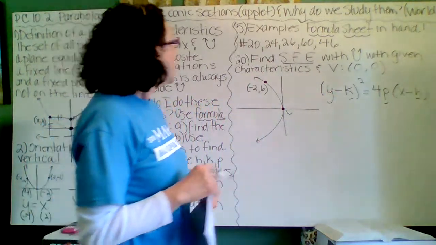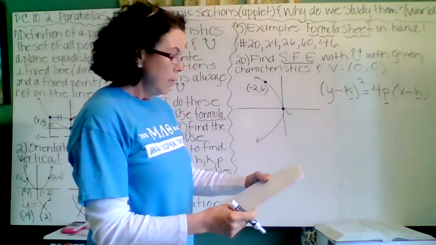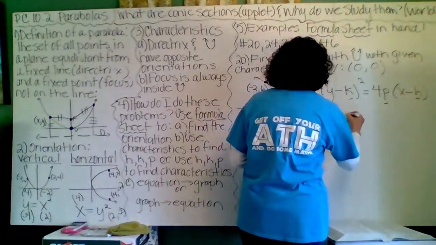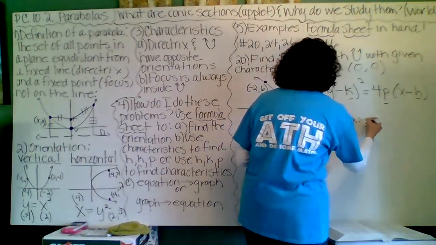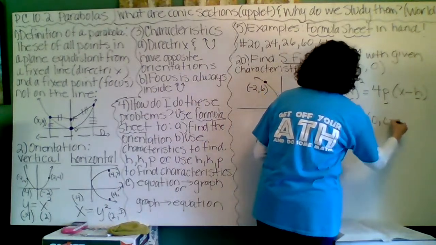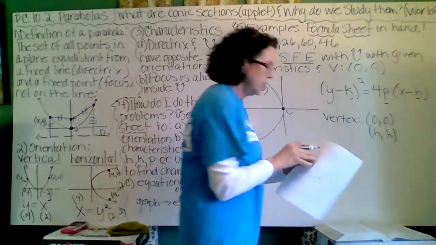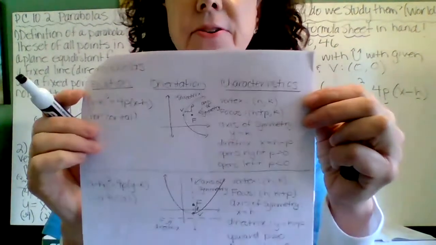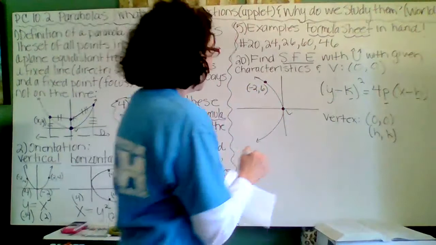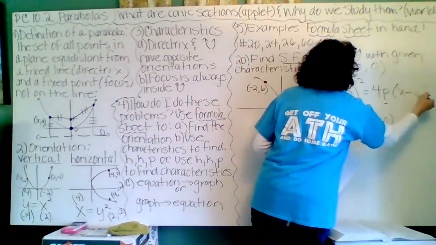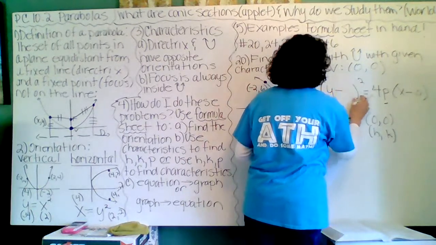Now, notice that the vertex is 0, 0, and that is H, K. So when you look on your paper, you see the vertex is H, K, and my vertex is 0, 0. So here we go, 0 and 0.